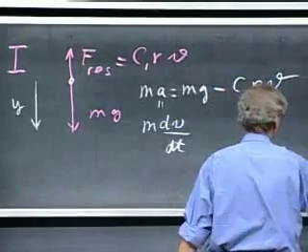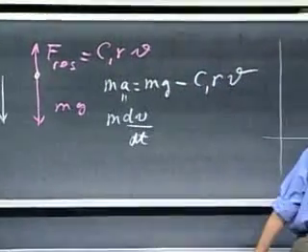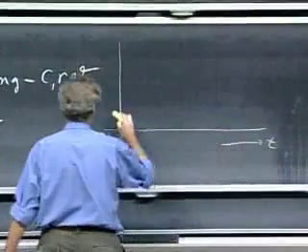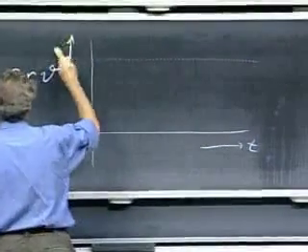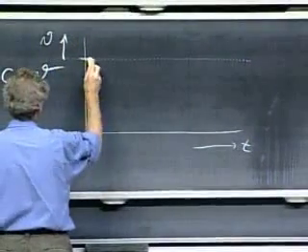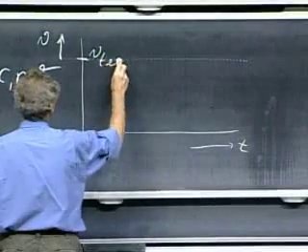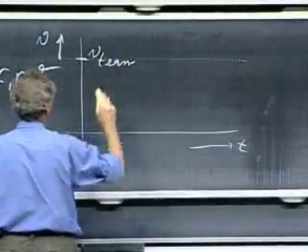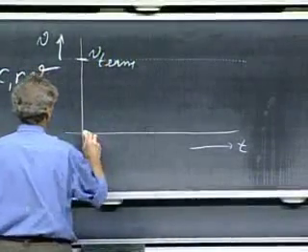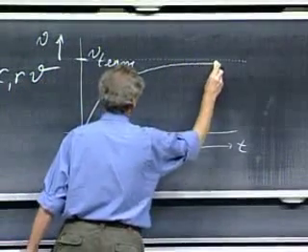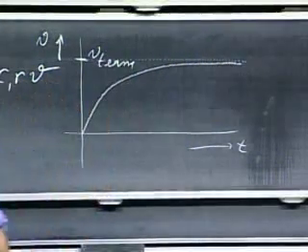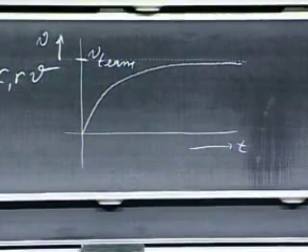What you're going to see is that the speed as a function of time is going to build up to a maximum value, which is the terminal velocity, or you may want to call it terminal speed, and it's going to build up in some fashion, and then it's going to asymptotically approach the terminal speed.